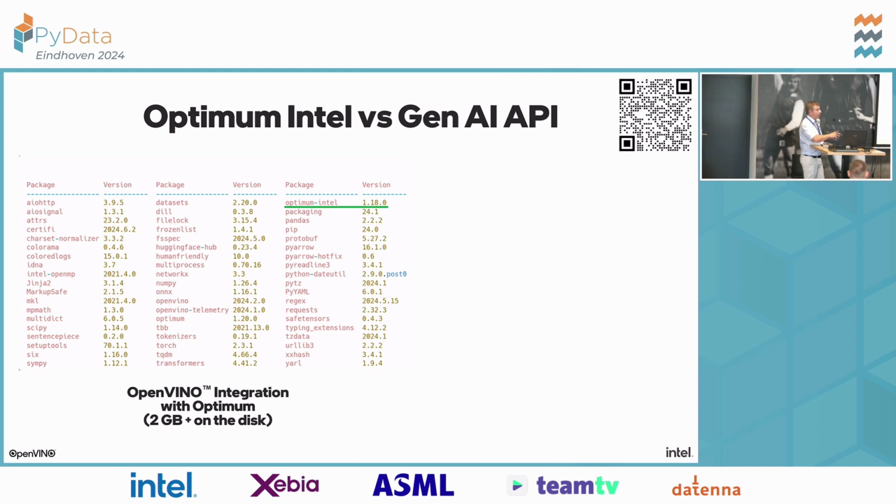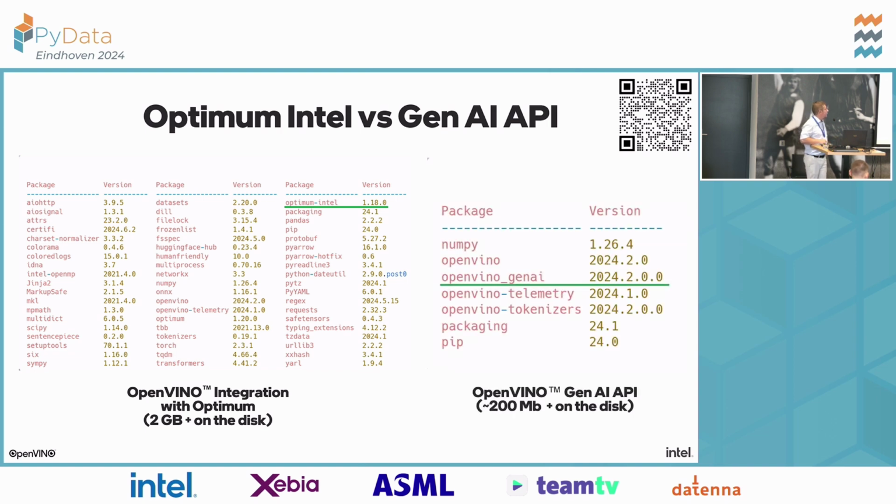First of all, if we use Hugging Face, we always need a PyTorch dependency, which takes, I believe, about 1 gigabyte. In total, all these dependencies to run a simple pipeline take more than 2 gigabytes. But now, with this GenAI approach, we have no PyTorch anymore. It's just a very short list of dependencies and about 2 megabytes on the disk.